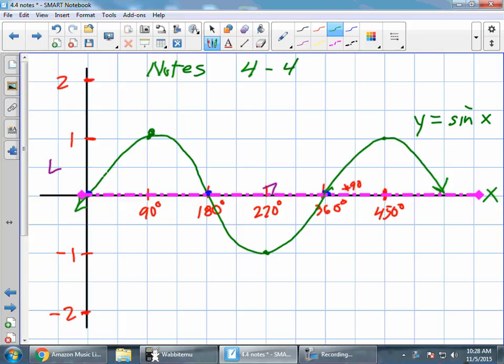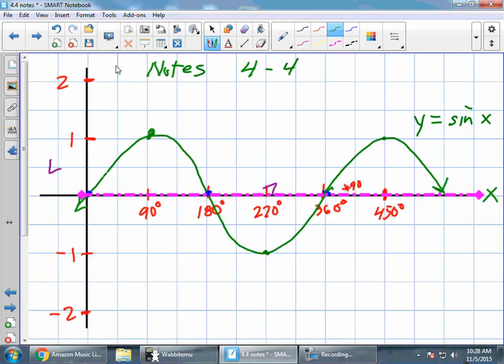Some of you who skipped FST maybe haven't dealt with sine and cosine too much, so you'll be at a little bit of a disadvantage. You may want to review that or watch this video when you get home. We'll deal with sine and cosine and tangent and all their friends next semester, but we're also going to deal with it a little bit now simply because sine is such a great periodic function.